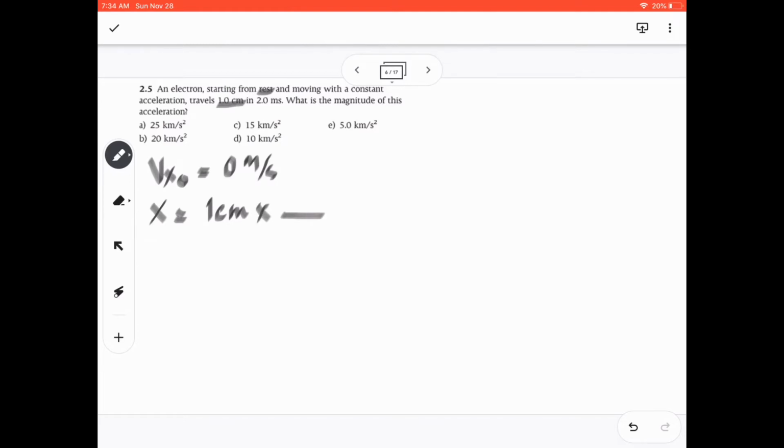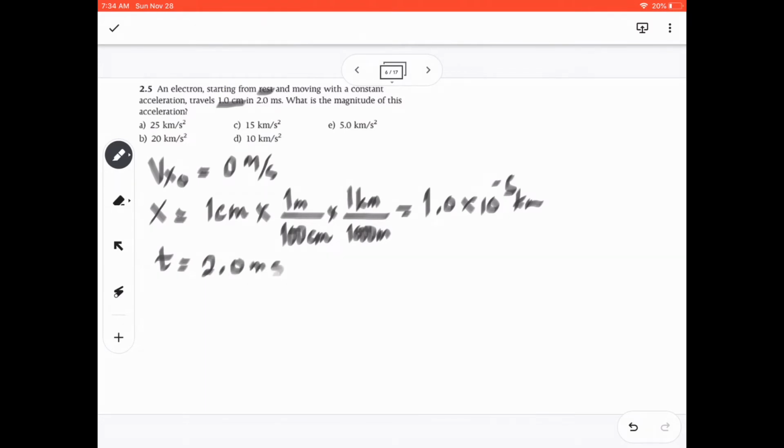Multiply it by 1 meter over 100 centimeters, this is your conversion factor, and 1 kilometer over 1,000 meters. Alright, so this distance is equal to 1.0 times 10 raised to negative 5 kilometers. And then your time is equal to 2.0 milliseconds, where milli means 10 raised to negative 3, so 2.0 times 10 raised to negative 3 seconds, and that's enough conversion for it.